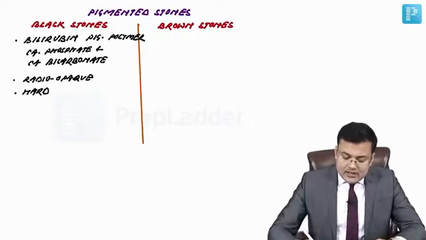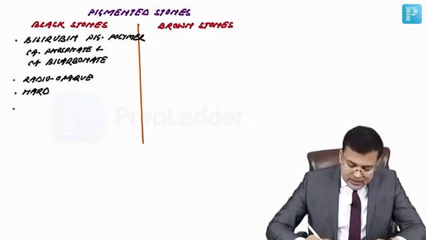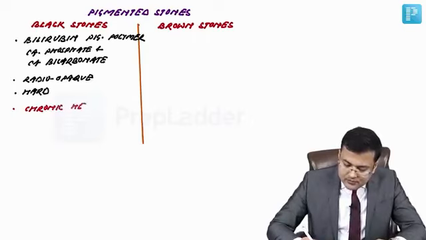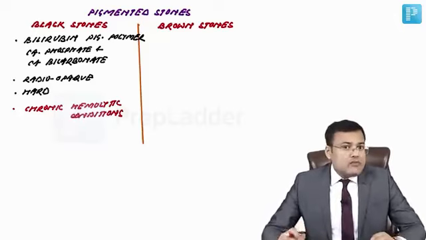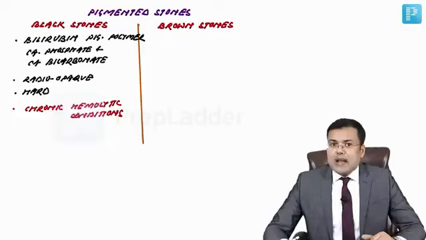And generally, in which conditions are black stones formed? These are seen in chronic hemolytic conditions, like hereditary spherocytosis, like prosthetic heart valve. Clear? So in chronic hemolytic conditions, there is increased risk of black stones.